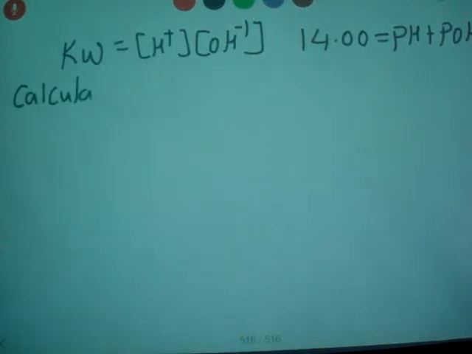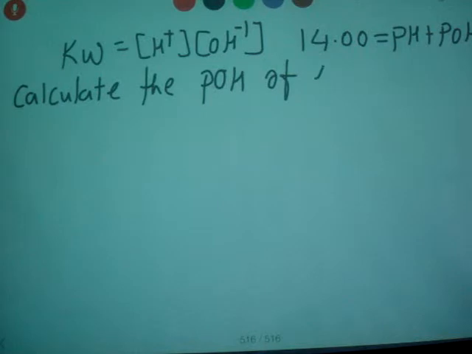Calculate the pOH of each of the following solutions.